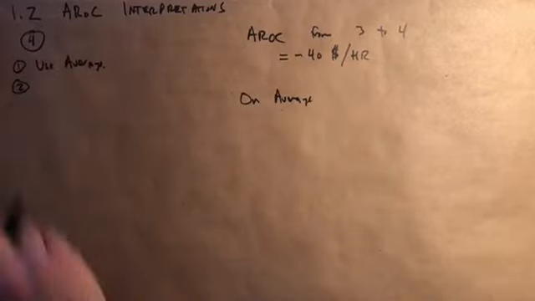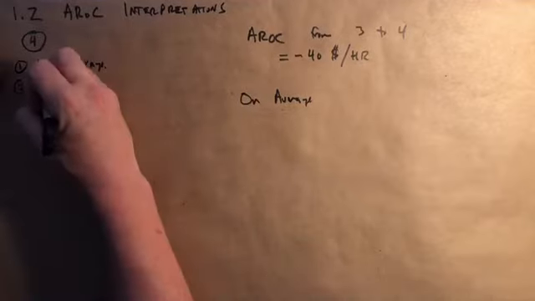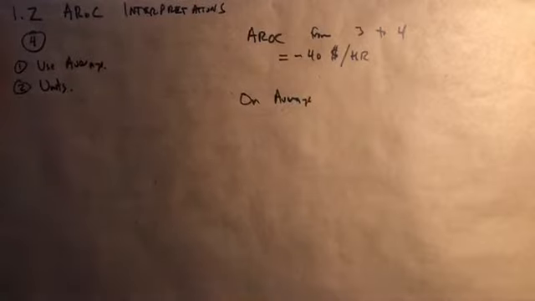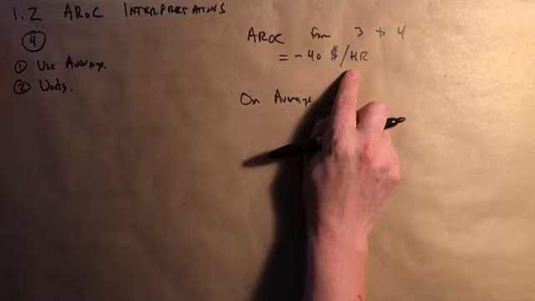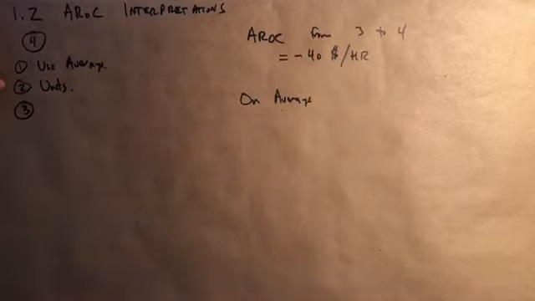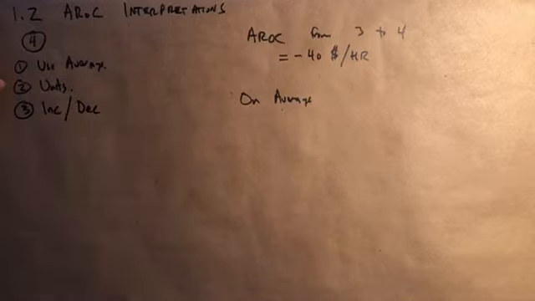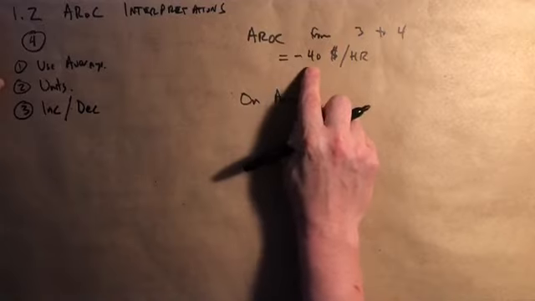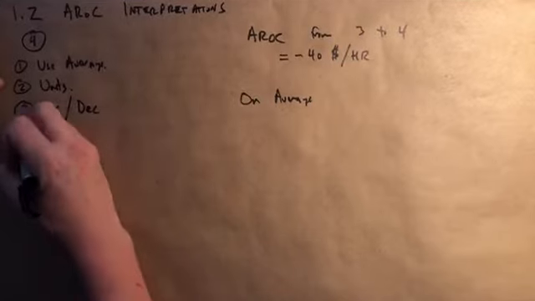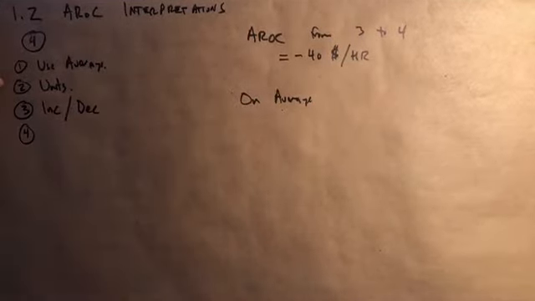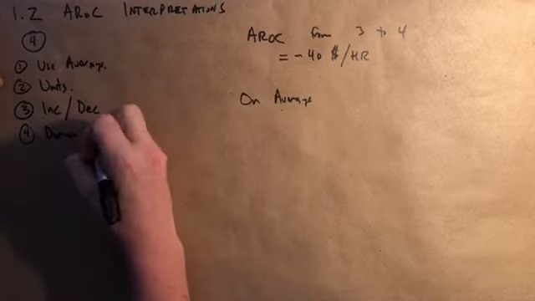The next thing that we need to include here is we have to talk about units. If I'm not talking about dollars and hours, I'm going to be in a world of hurt. The third thing that we have to discuss here is increasing or decreasing. Certainly, our dollars decreased. And so, depending on the problem and the context, we're going to talk about it being increasing or decreasing. And then, finally, we have to talk about the domain or endpoints.